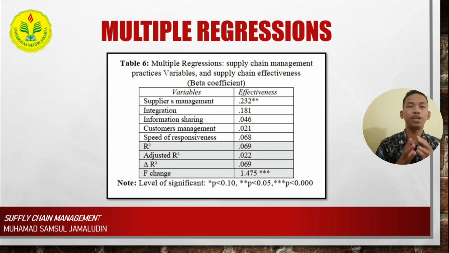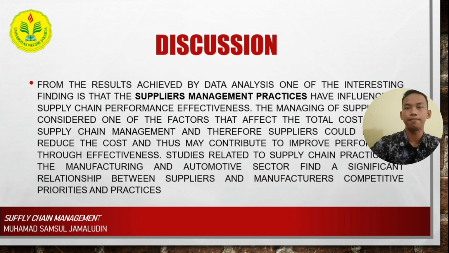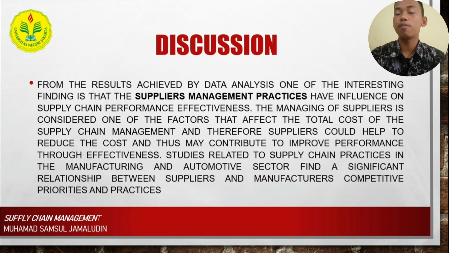For your information, there is a note that the level of significance is P no more than 0.10, P no more than 0.05, and P no more than 0.000 here. Let's discuss the result from the data.